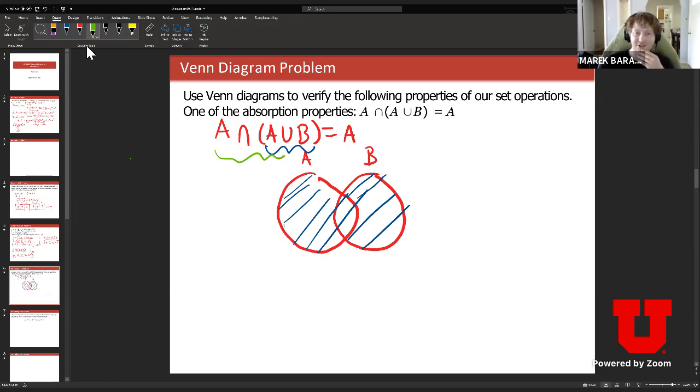So we just shade in the parts that are A, and we note that it's an intersection, so it's in both. And if we look at the parts that are covered by both of these statements, we get the original set A. Everyone get that? Yep.